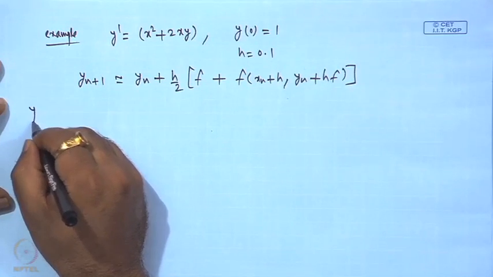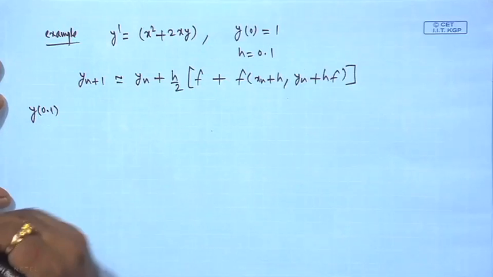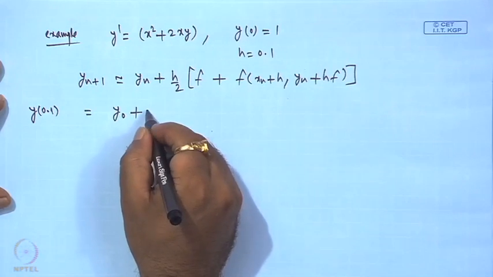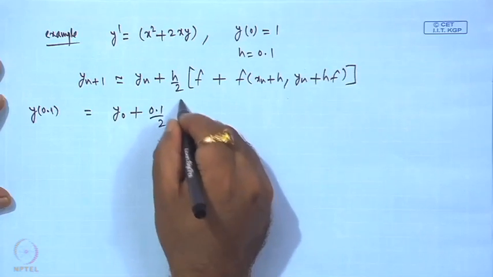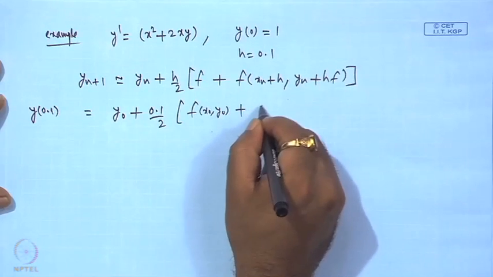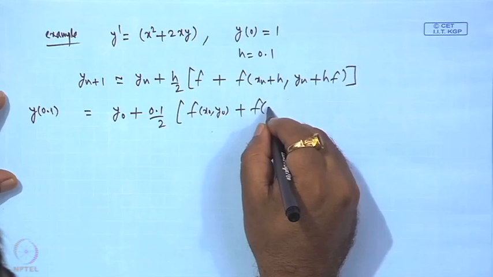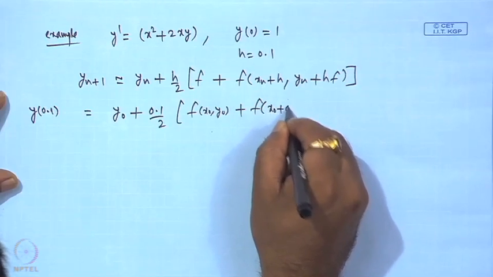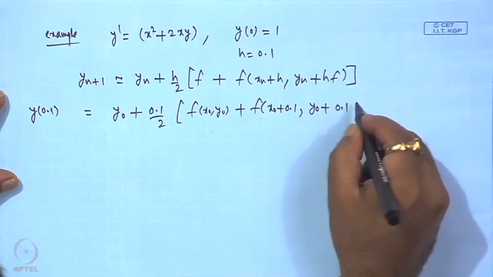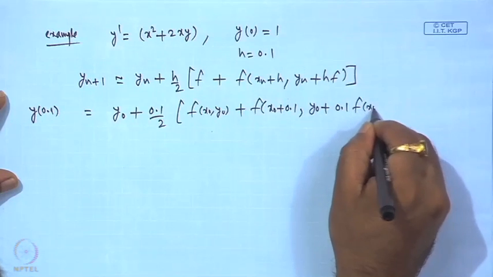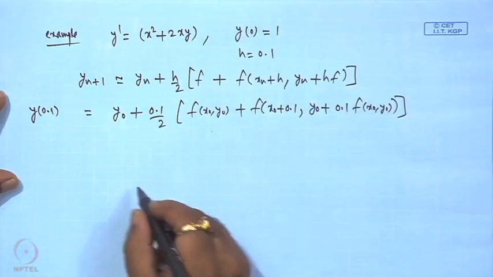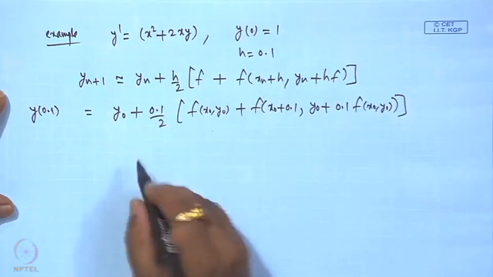Suppose we try to determine y of 0.1. So, this will be y 0 plus h by 2 times f of x 0, y 0 plus f of x 0 plus 0.1, y 0 plus 0.1 into f of x 0, y 0. So we have to compute each term.